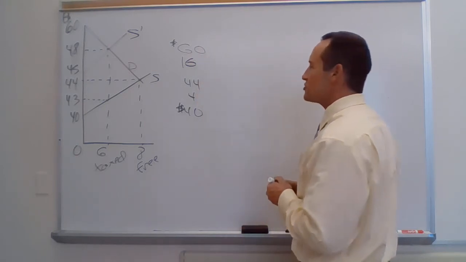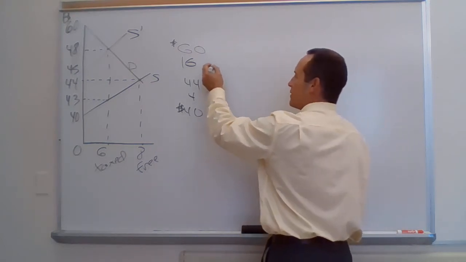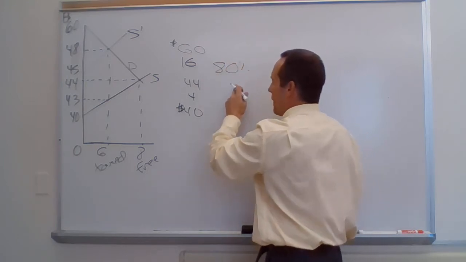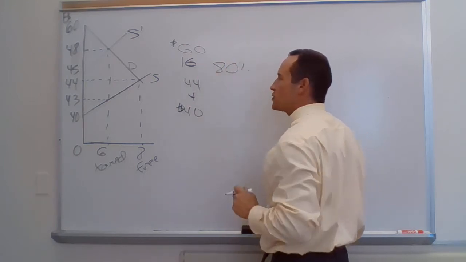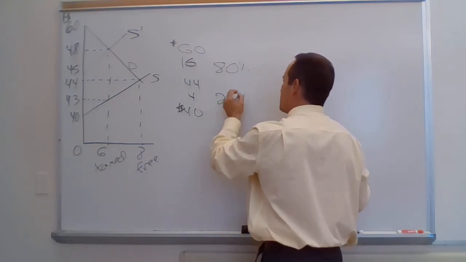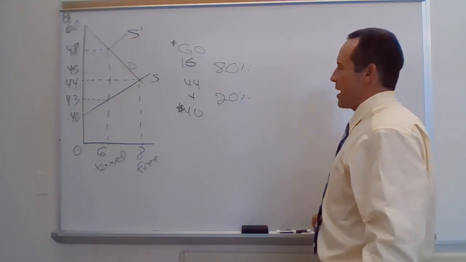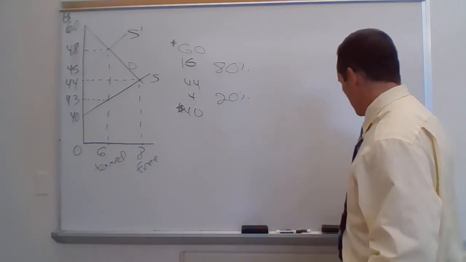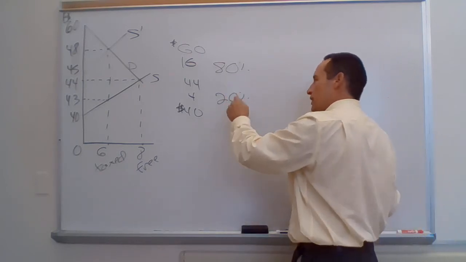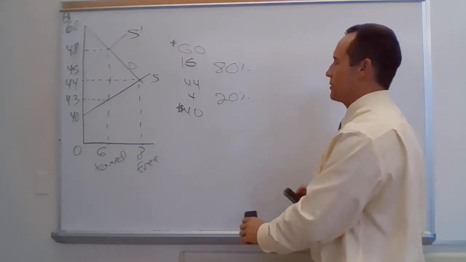So what this means, the important message from this is that of the value coming from this product, 80% goes to the demander and only 20% to the supplier. So if the government is considering a ban on this product, maybe it's vaping products, whatnot, the consumer gets 80% of the value and the supplier only 20%. Maybe the suppliers can be involved in selling something else.